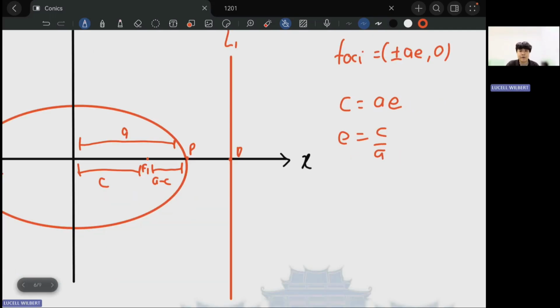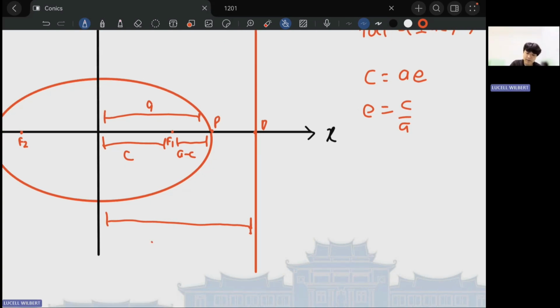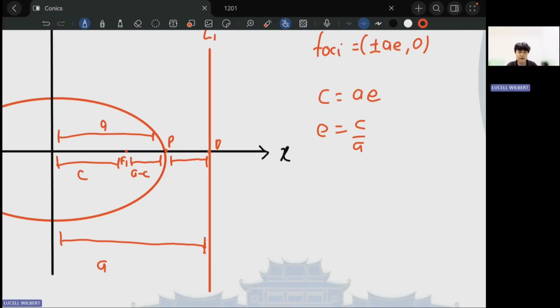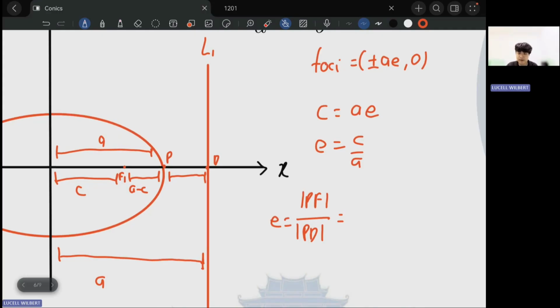Now, how are we going to find the coordinate of the line, or the directrix? We know that the radius of the ellipse is a, and we need to find PD. PF over PD is equal to the eccentricity. So we know that PF is a minus c, and PD is the one that we need to find.